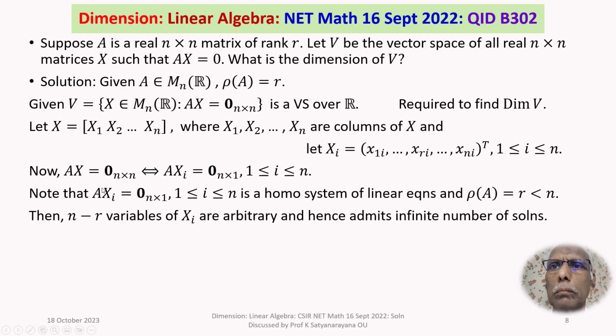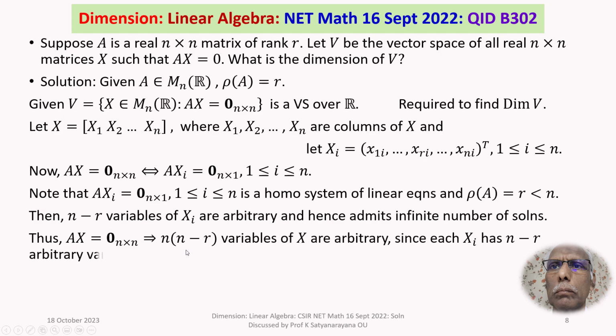So AX equal to the zero n by n matrix will imply n into n minus r variables of capital X are arbitrary. Since each xi has n minus r arbitrary variables and there are n columns, therefore n into n minus r variables of capital X are arbitrary.